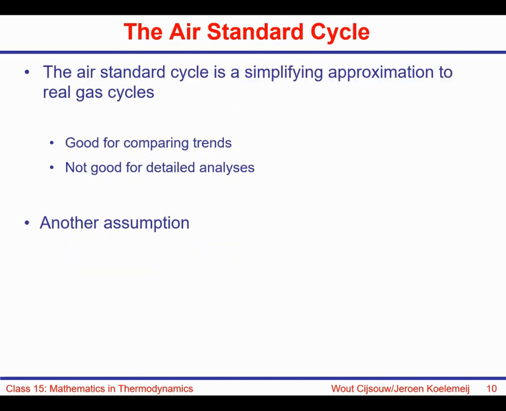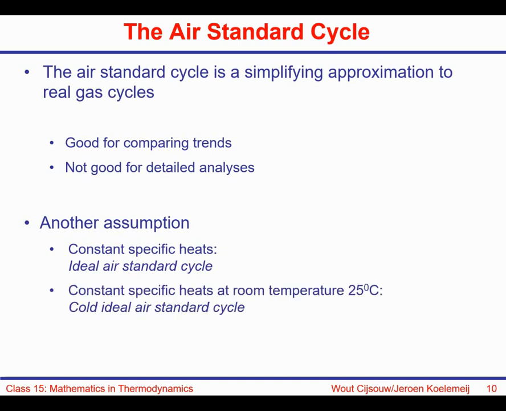Apart from these simplifications, other assumptions are made in the air standard cycle, and that is that the specific heats of the gases are constant. And we take their values at 25 degrees C, which is called the cold ideal air standard cycle.